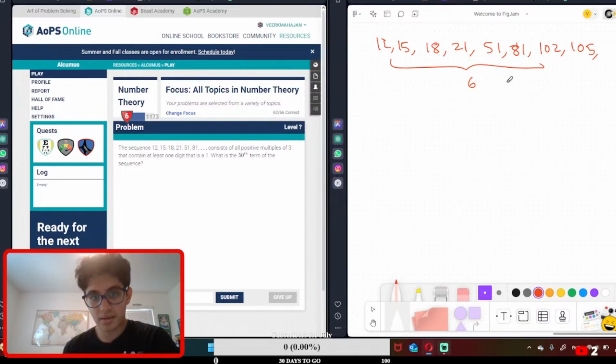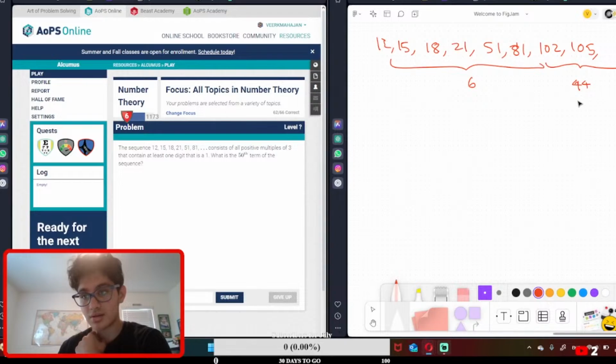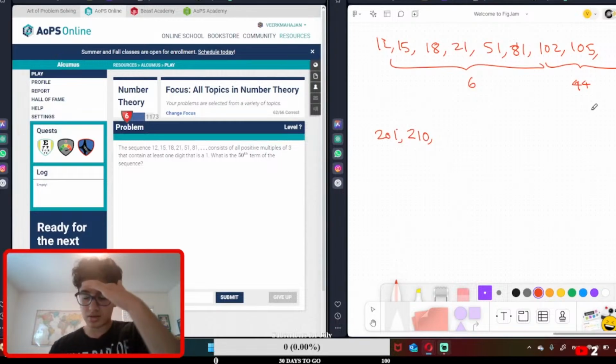So if you want to find the 50th term of the sequence, that's the same as finding the 44th term of this sequence. The only problem is I don't think there are even 44 terms over there. They're actually going to be 33. Right, from 102 until 198, that's 33 terms. So it'll be the 11th term starting from 201. Okay, wait, what am I doing?